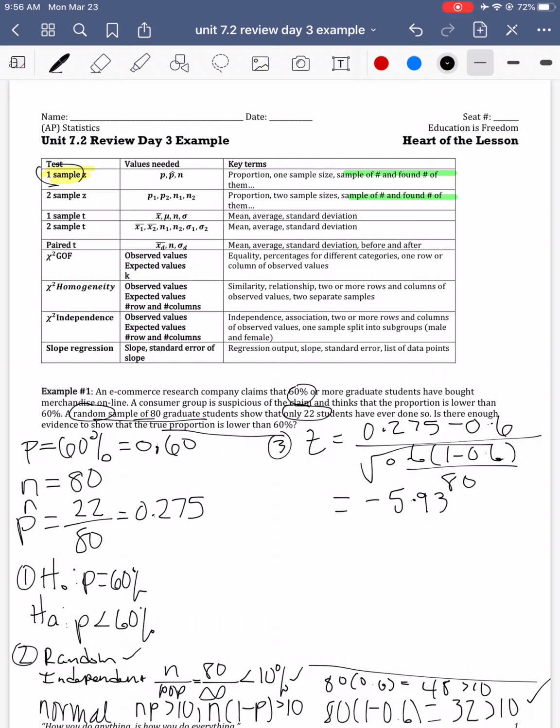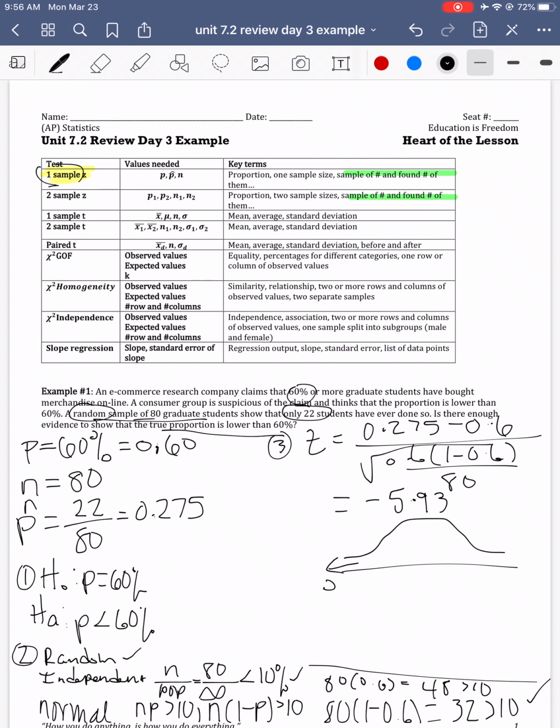And if I look on my z-table, I can see that I only go up to negative 3.9. So I'm not going to have negative 5 on here. But if I visualize my normal distribution, I know since this is a negative z-score, I'm going to be all the way over here. And so I'm going to be at practically 0 for my percentage.